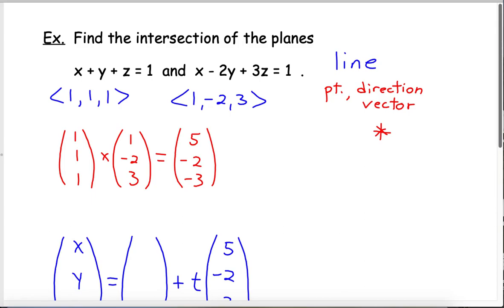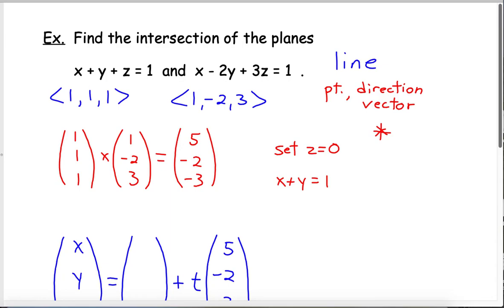So that's what I'm going to use. I'm going to set z equal to 0. And likewise, we could have set x equal to 0 or y equal to 0. It doesn't matter. When I set z equal to 0, the equation of my first plane becomes x plus y plus 0 equals 1. And that's a line in the xy plane.